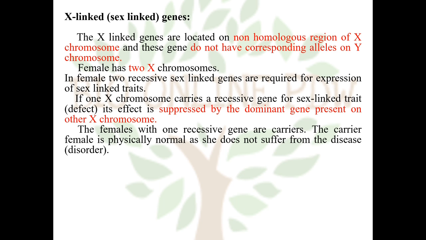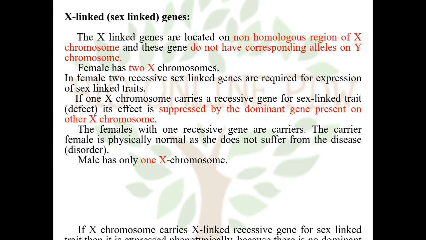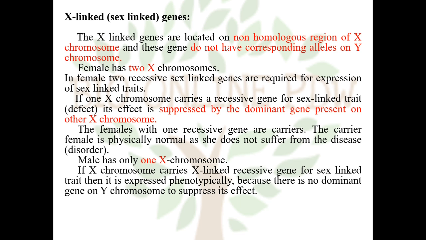The carrier female is physically normal in appearance, as she does not suffer from the disease or disorder. Males have only one X chromosome. If the X chromosome carries an X-linked recessive gene for a sex-linked trait, then it is expressed phenotypically because there is no dominant gene present on the Y chromosome to suppress its effects.